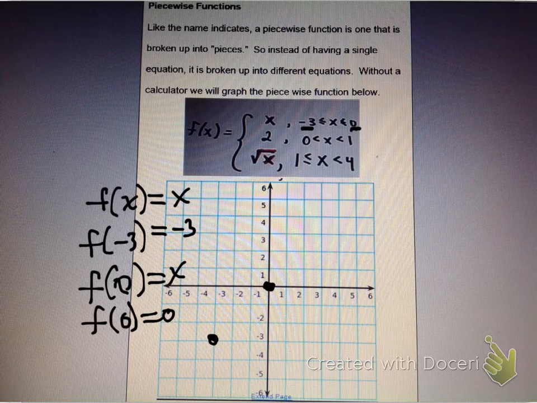And that's going to be closed as well because it's tough to see there, but that is a less than or equal to sign. Now from this interval, from -3 to 0, the graph is going to look like the parent function, f of x equals x. So it's just going to be a straight line. So we're going to connect the dots there.